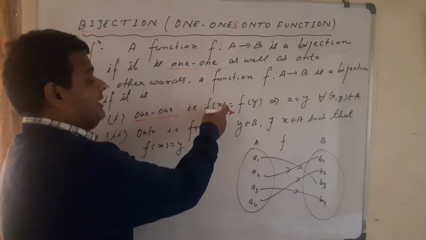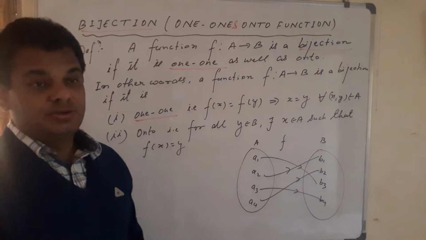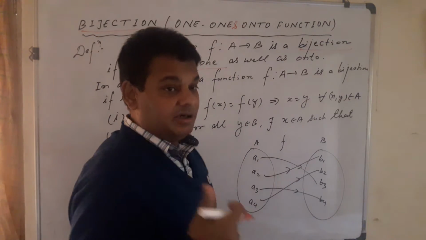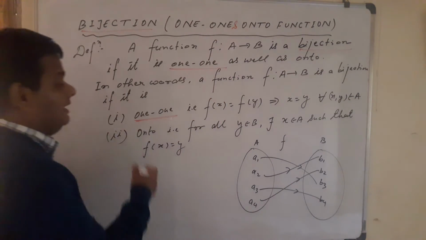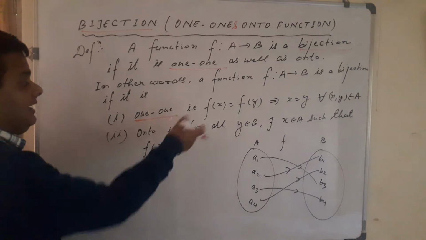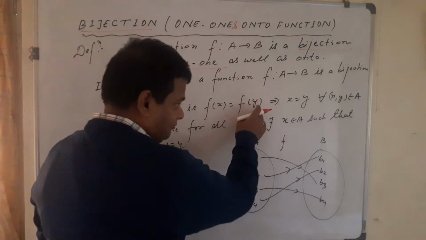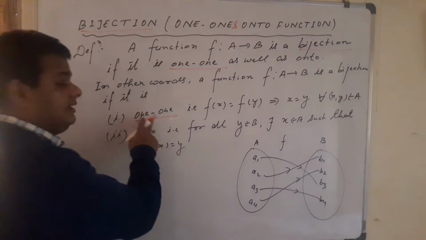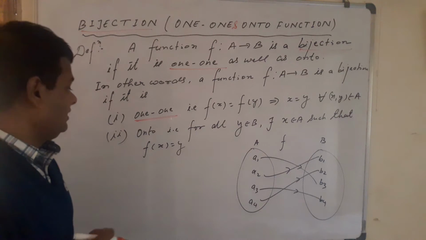You can also take f(x1) not equal to f(x2) implies x1 not equal to x2, then it is also known as a one-one function. So here I took only f(x) equals f(y) implies x equals y, then we can say that it is a one-one function.